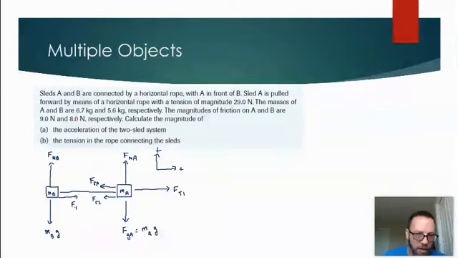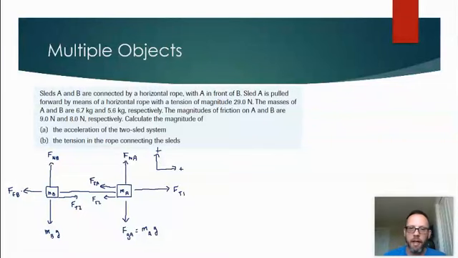That same tension will be pulling mass B to the right. And we have friction for sled B, but it's a different force of friction. All right. We've got our two separate free body diagrams, illustrating the problem.